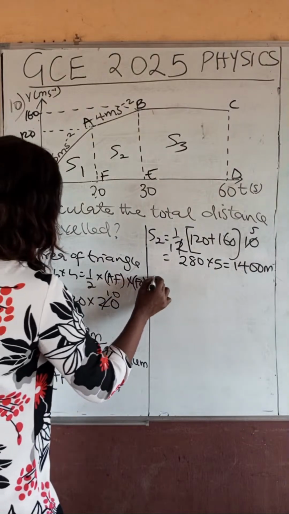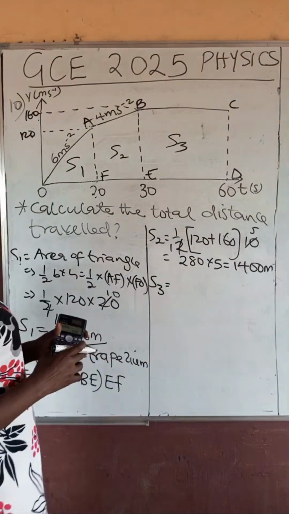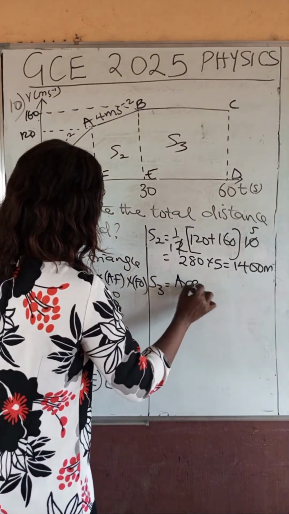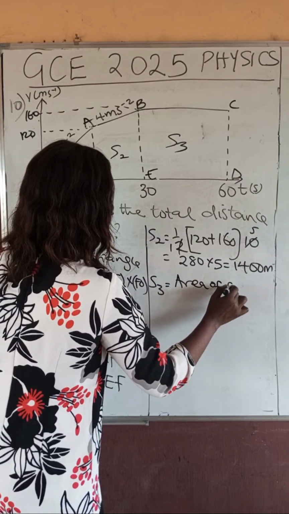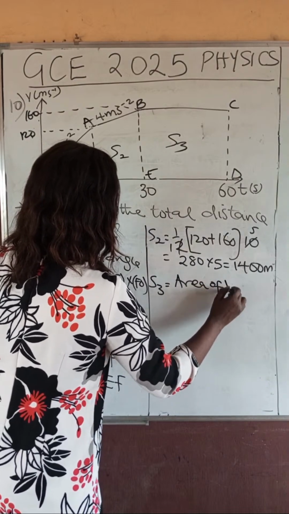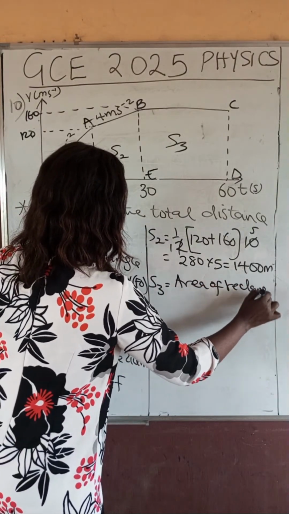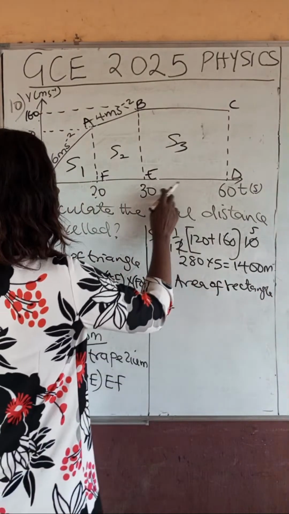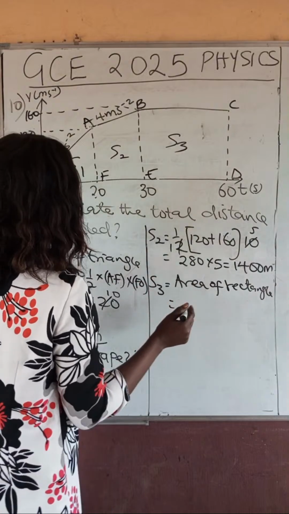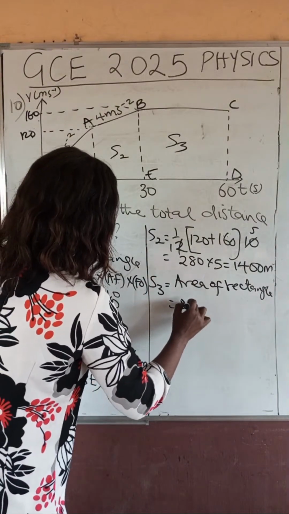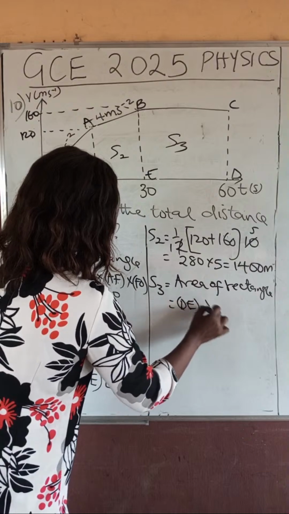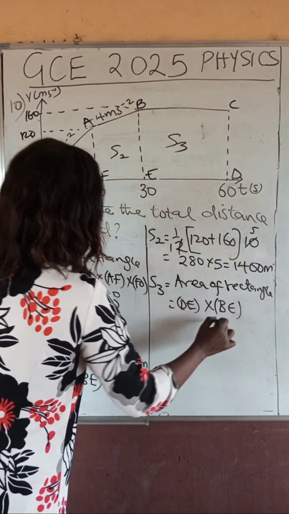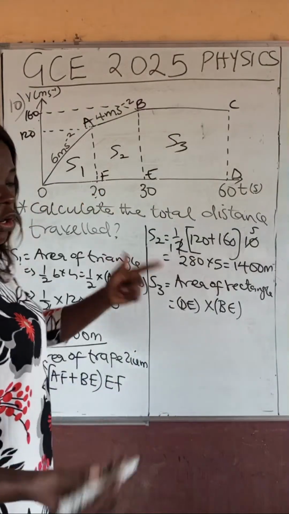Then for the last one, S3, I have the area of a rectangle, which is length times breadth. The length is DE multiplied by BE. I can say CD, I'm still correct.